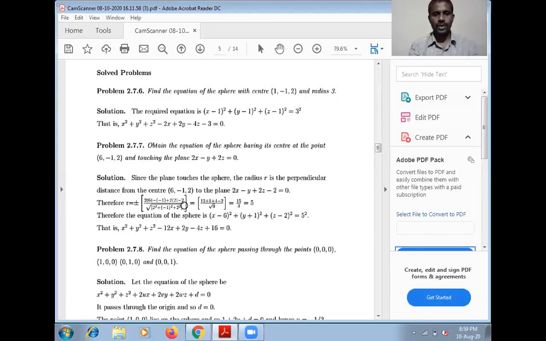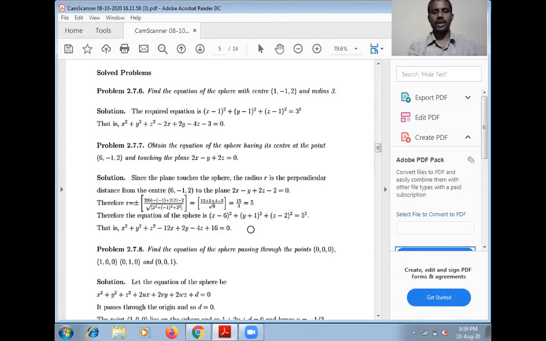So minus 2 is the constant d. So by root of 2 square plus 1 square plus 2 square. So equal to 12 plus 1 plus 4 minus 2 by root 9 equal to 15 by 3 equal to 5. So therefore 5 is the radius of the sphere.